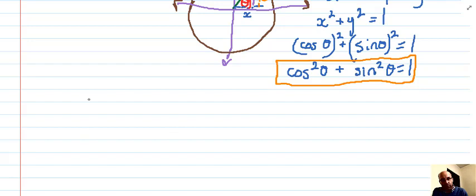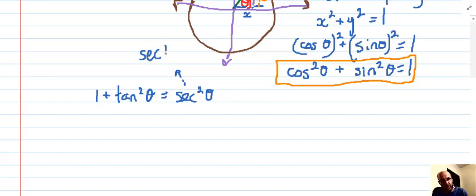There are two other forms of the Pythagorean identity that you will see, and the second one is like this: 1 plus tan squared theta equals sec squared theta. Now remember, it shouldn't be a surprise, even though you might not have seen it before. Sec squared theta is sec theta all squared, if you've watched the previous videos that correspond to this one.